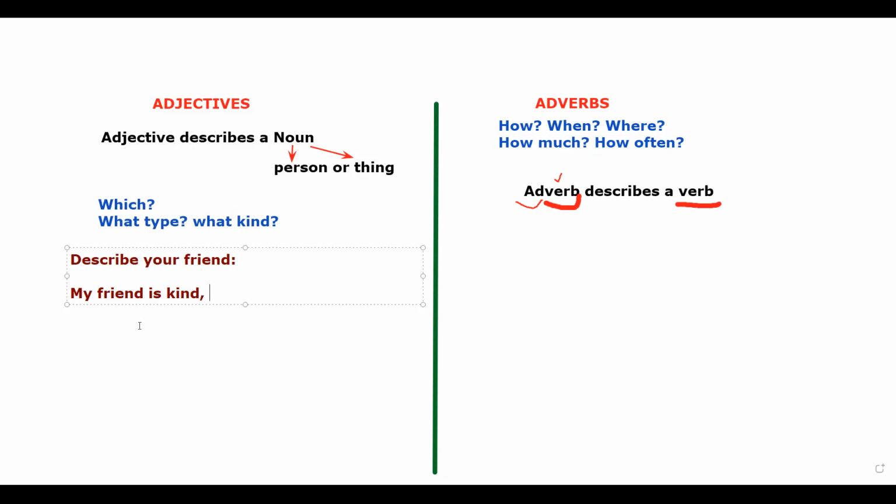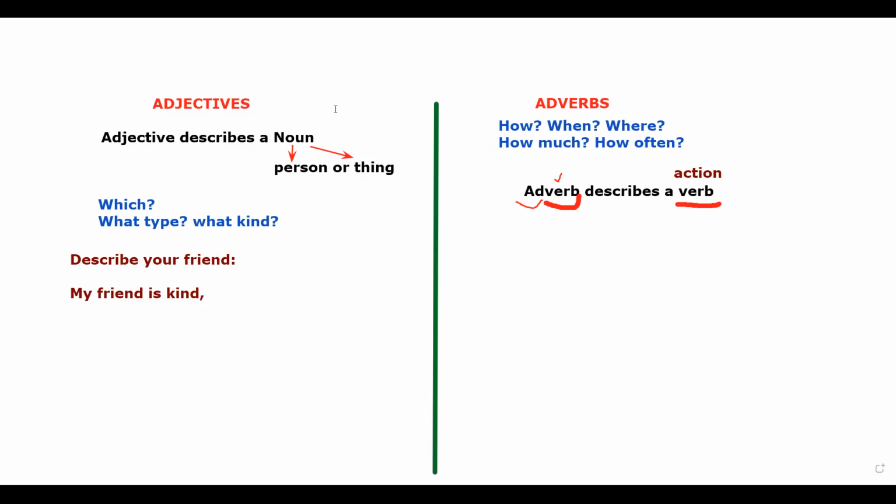My friend is kind. And you see, it's a big difference: adjectives describe nouns and adverbs describe an action, a verb here, okay? So adverbs literally describe action here. They just describe action.